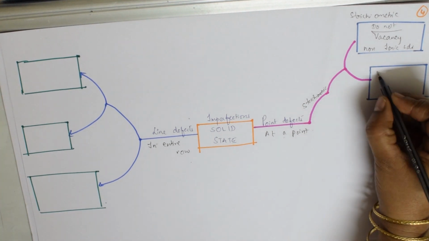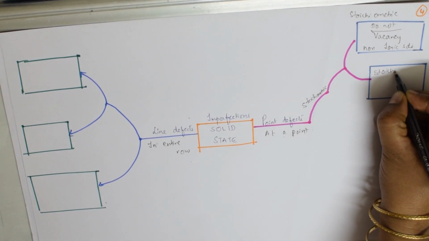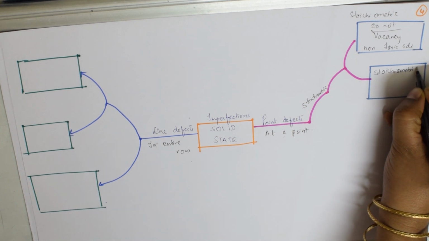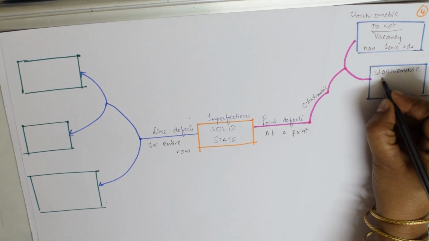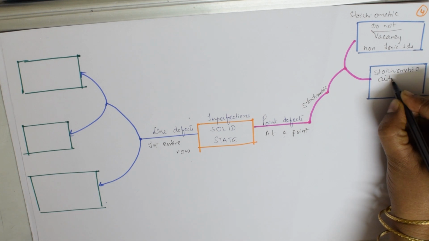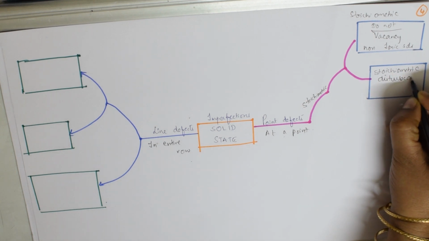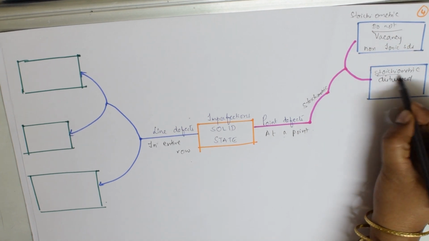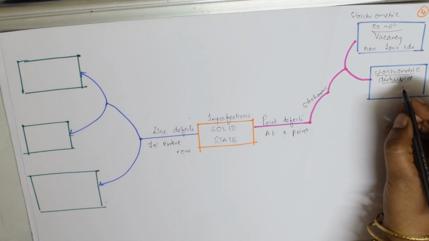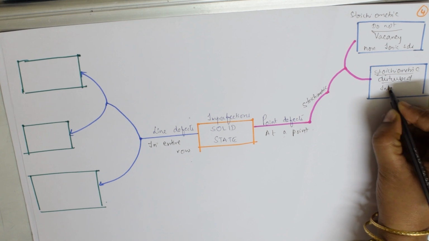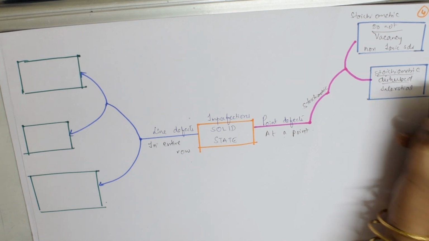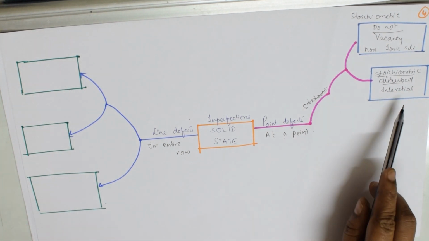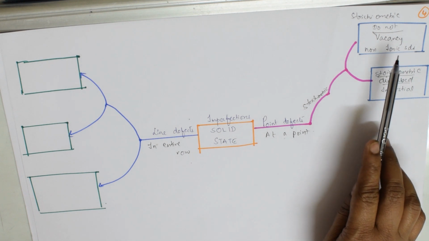Suppose the stoichiometry is disturbed. Here, not disturbed is vacancy, which I have written. If the stoichiometry is disturbed, then you have to remember it is an interstitial defect. So here what is happening? Earlier we said only the vacancy is created in the lattice sites.